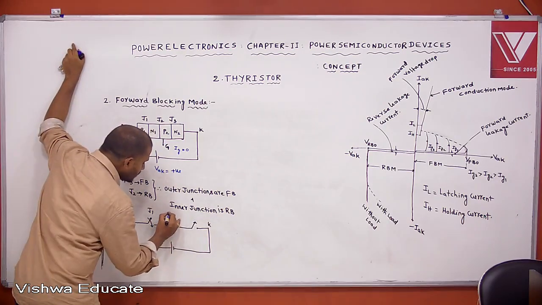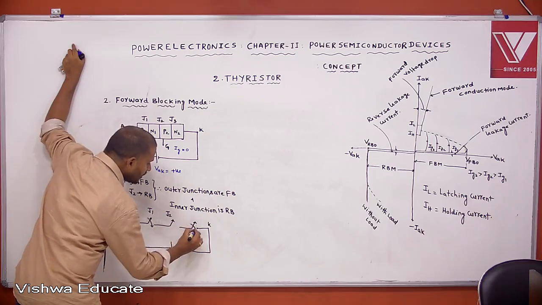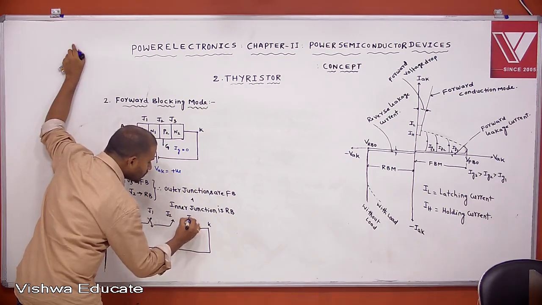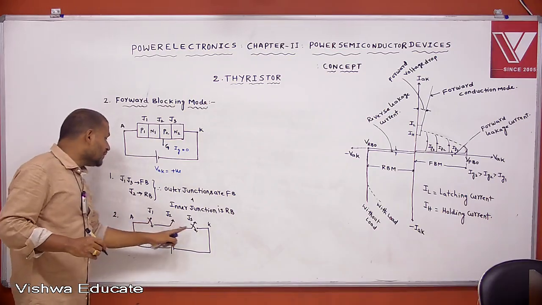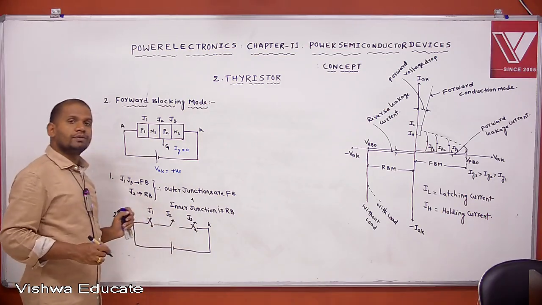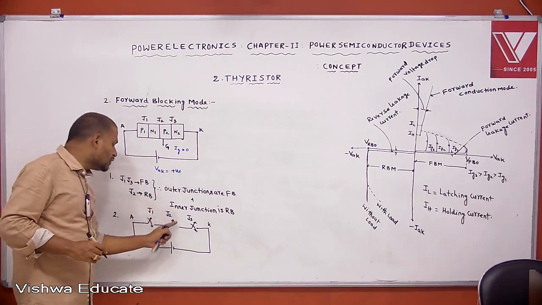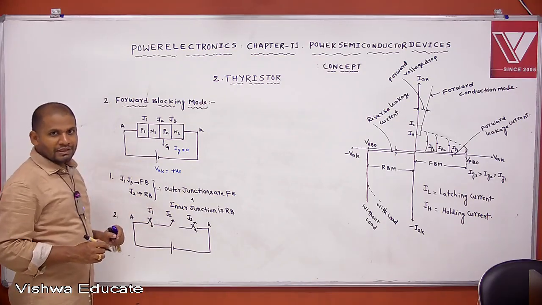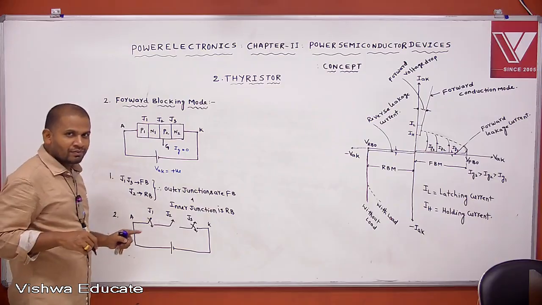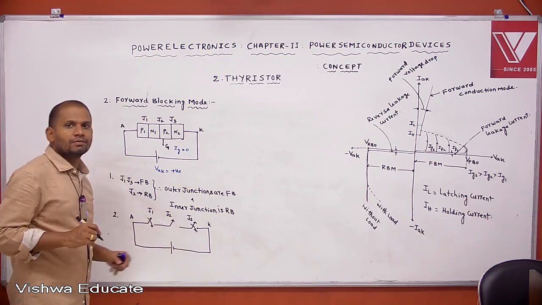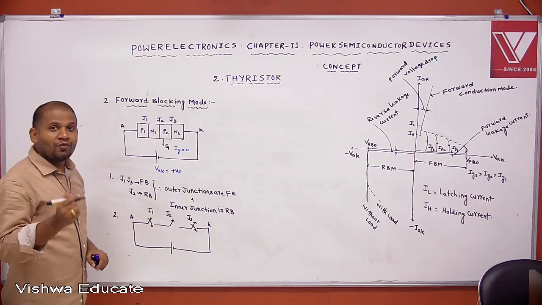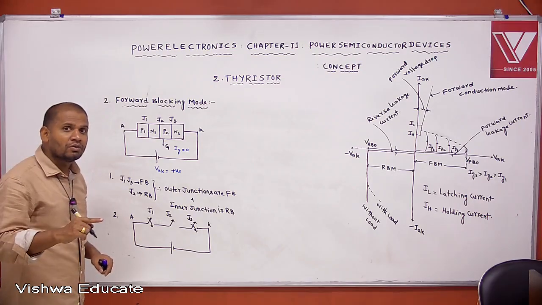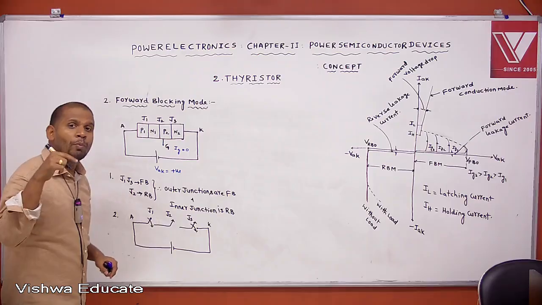Then J2 is reverse bias, open switch. J3 is forward bias, closed switch. Even though J1 and J3 are closed, still J2 is open. Still J2 is open means it is conducting or blocking? Blocking.